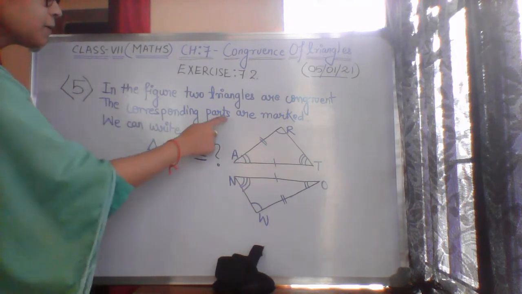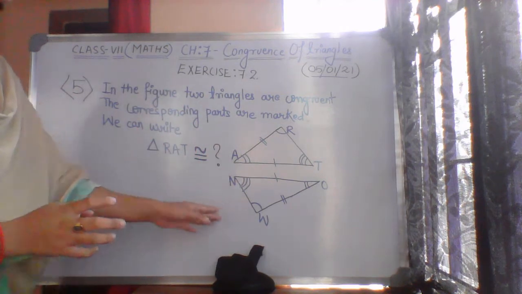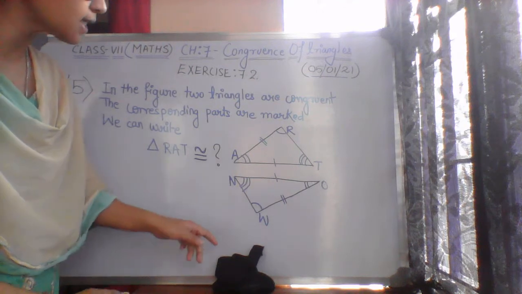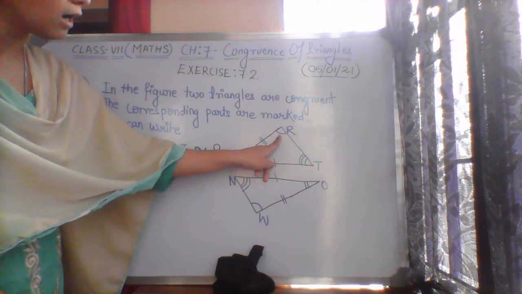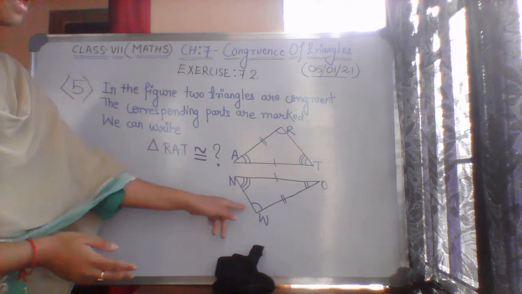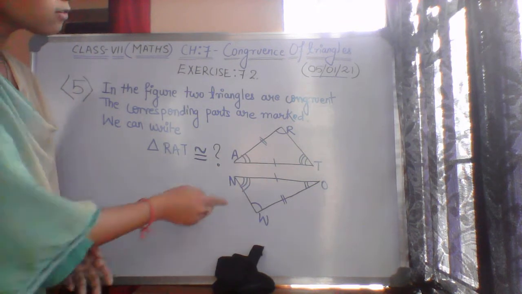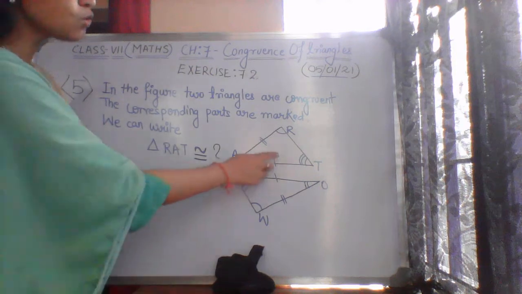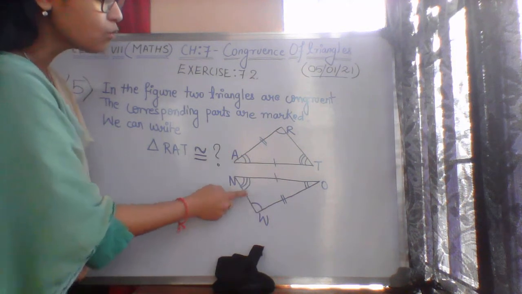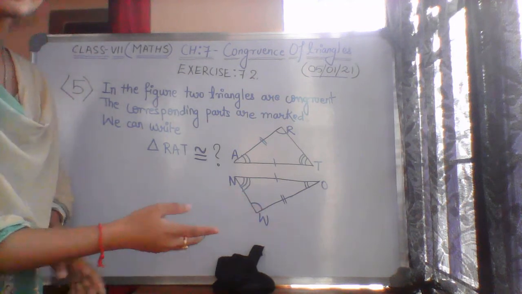The corresponding parts are marked. So you can easily see over here the corresponding parts are marked. This is angle R, which is equal to which angle in the triangle NWO? So it is denoted by one line. You have to search which angle is denoted by one line, that will be equal.